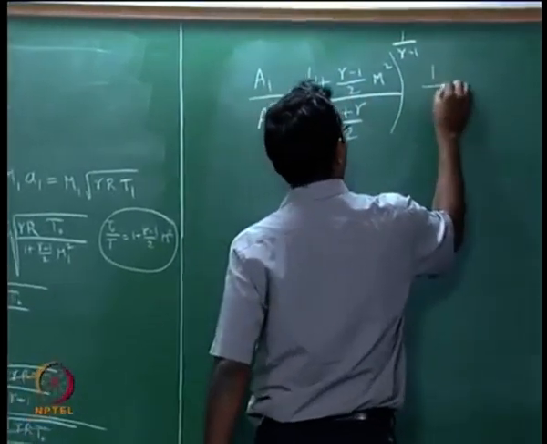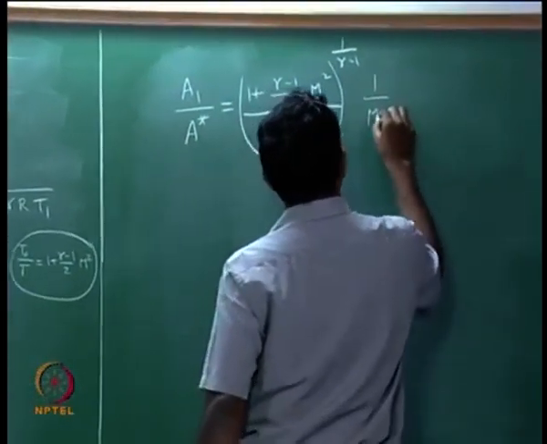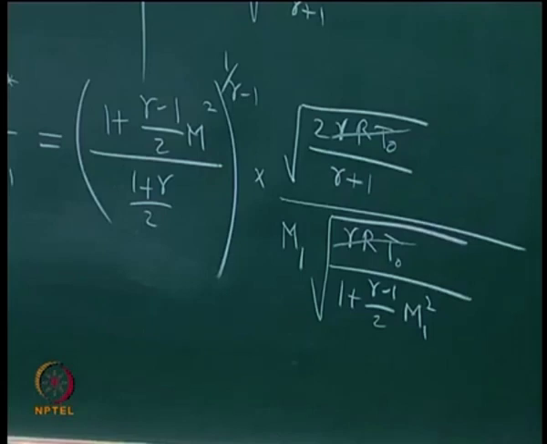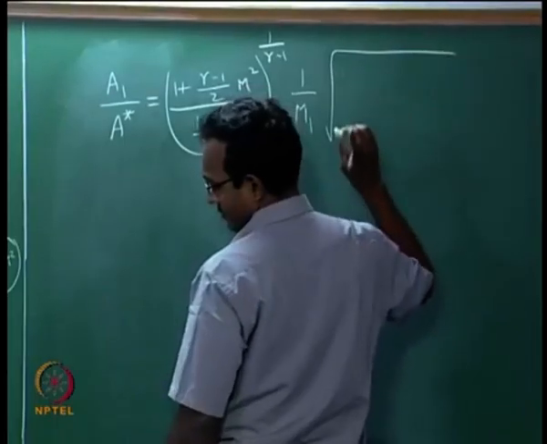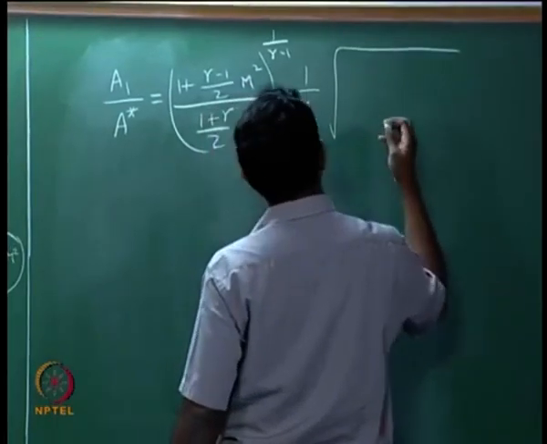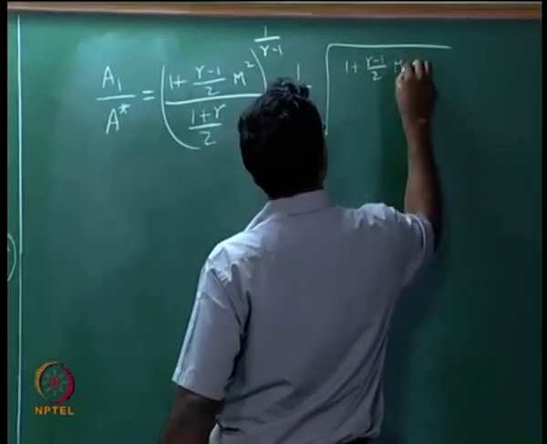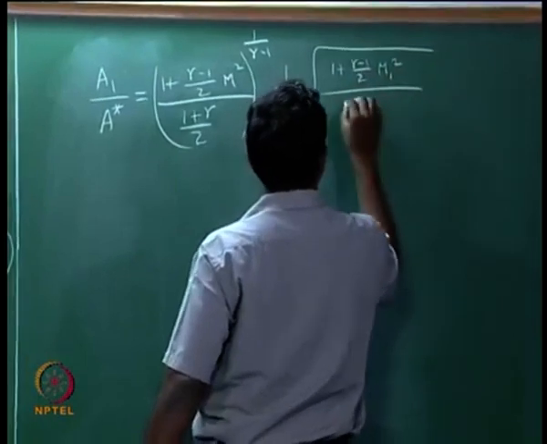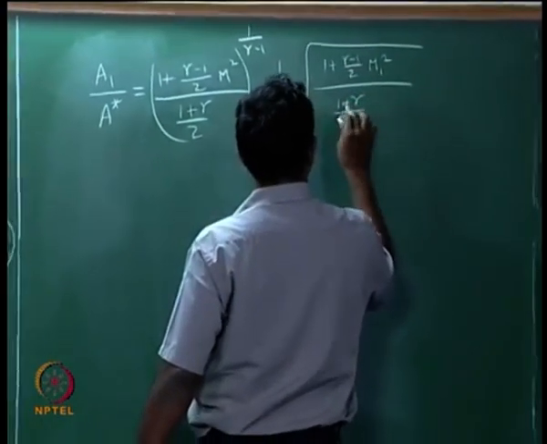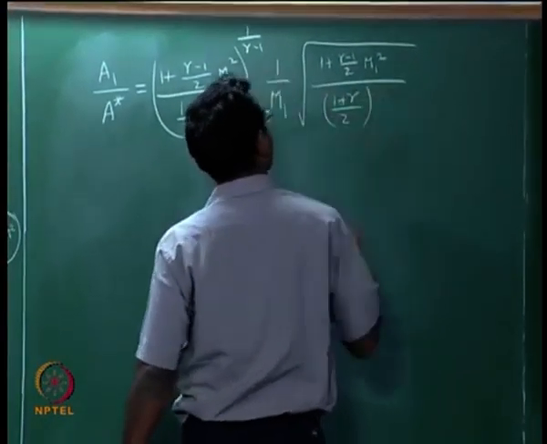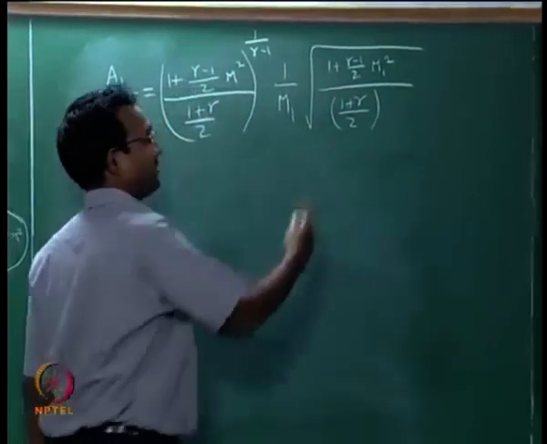I also have a 1 by m1, and the remaining terms inside the square root I will combine as 1 plus gamma minus 1 by 2 m square m1 square divided by 1 plus gamma by 2. I write it like this.